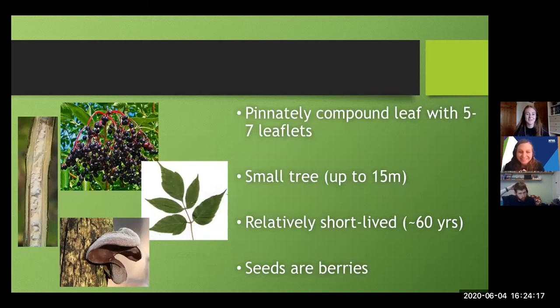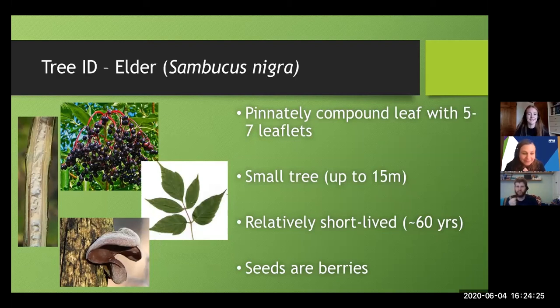Any guesses for this one? The berries might give it away. Elder? Yeah. So this is elder. So let me explain what I'm going on about here. Pinnately compound. A compound leaf is a leaf that has leaflets.